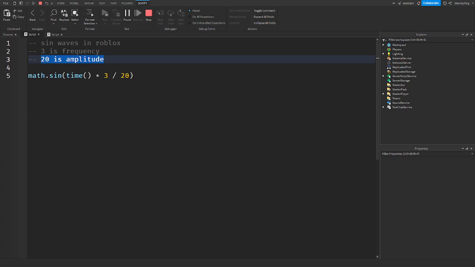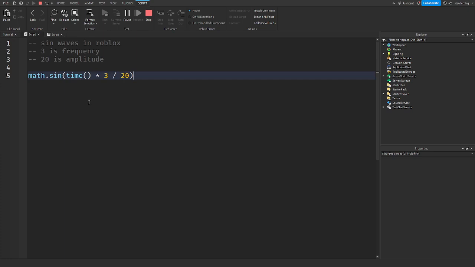Frequency is the number of oscillations or cycles per unit of time, so that's basically how often it is. 20 is the amplitude, which is the displacement of the wave from its original position. So if the frequency was high and you divide it by the 20 amplitude, that basically means how far it is from the original position.